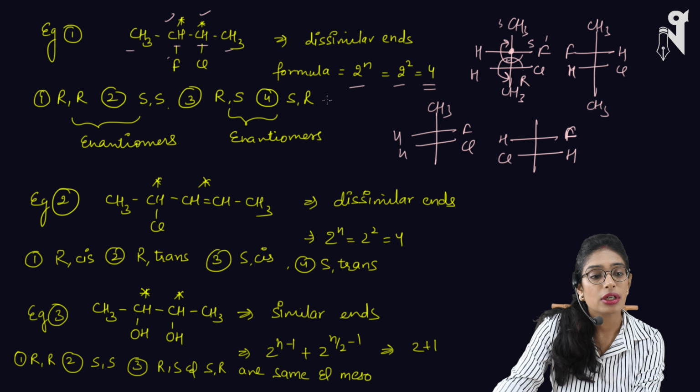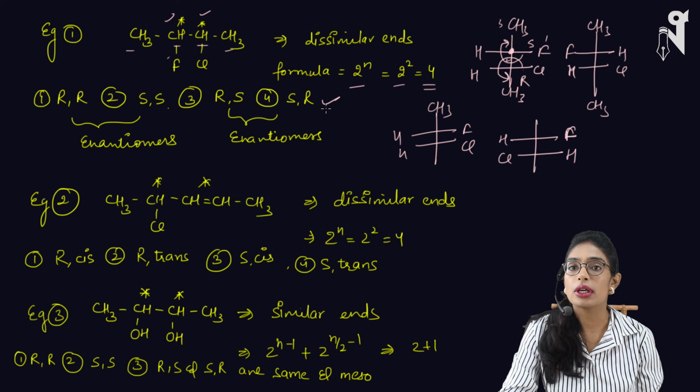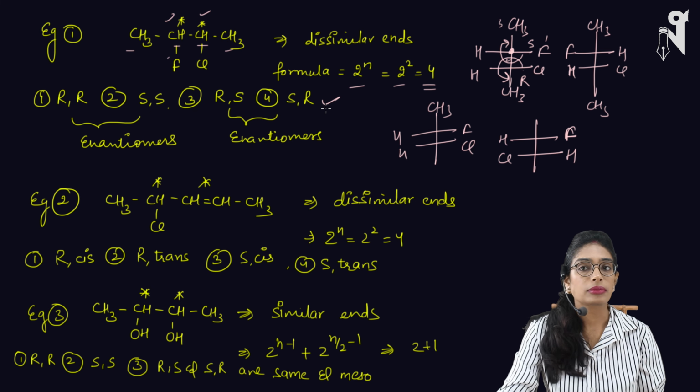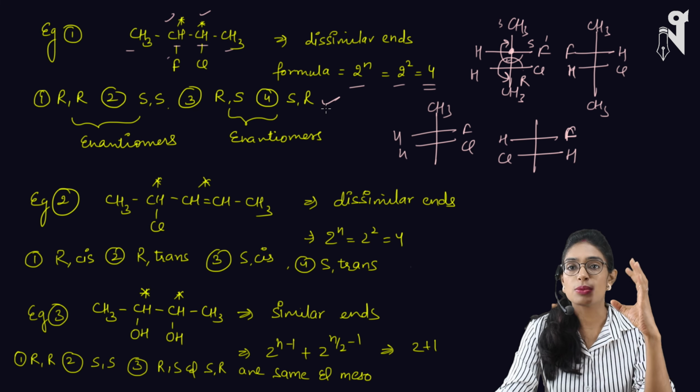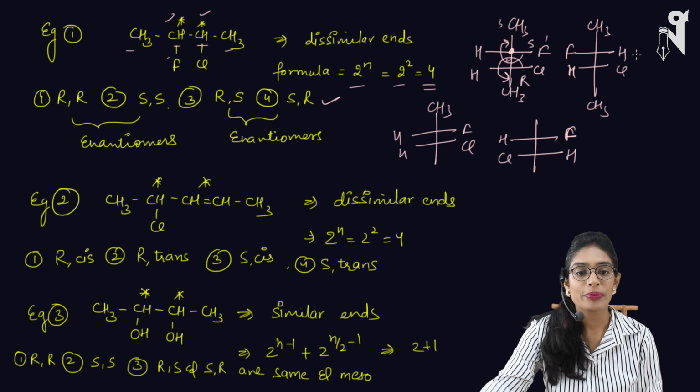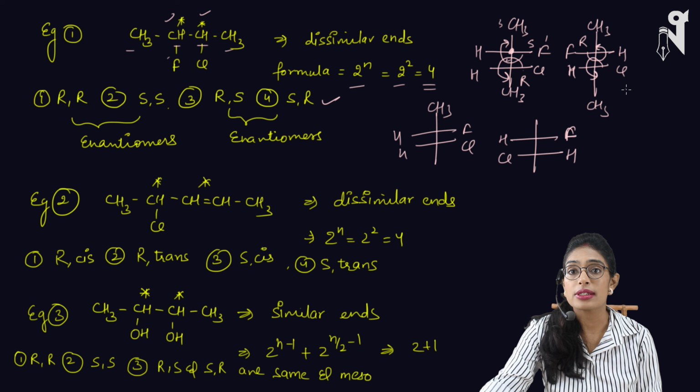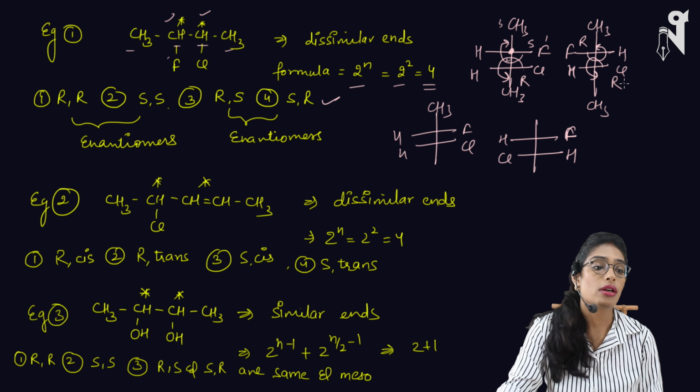I have written it here, the different combinations, different isomers that we'll get. So one isomer is SR. In this case the rotation is anti-clockwise, so this is going to be R. And if I go for this, again it is anti-clockwise and this is going to be R, so RR.